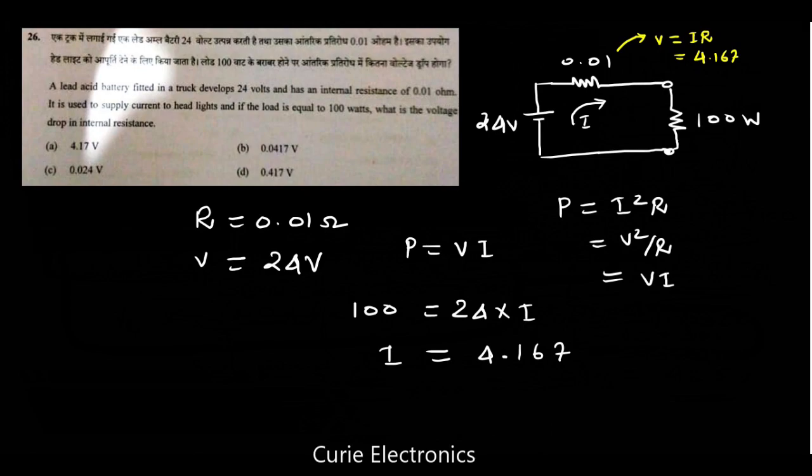What is the ohm? 0.01. Which is going to be 0.04. So the answer is 0.04. Option B is the right answer because you are multiplying by 0.01. Just take 4 only, multiply, and we will get 0.04. So that is the answer. Option B is the answer.